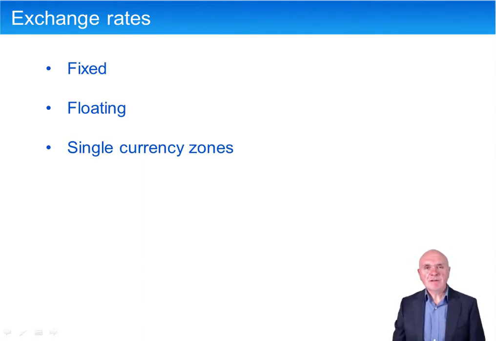There are two main ways that countries have to try to organize exchange rates. The first is fixed. So the Bank of England might suddenly try to say that the relationship between UK pounds and US dollars is going to be 1.3, and that will never change.